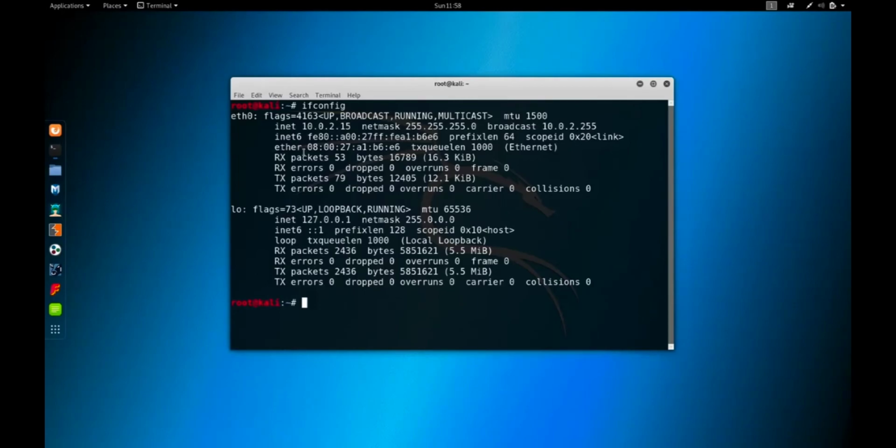So you're using a NAT network right now, and this is a wired connection between the Kali Linux and the host machine. So the host machine is actually the router at this point, and you have the IP address of 10.0.2.15. Of course, this number may differ in your case, but it really doesn't matter. This is your local IP.